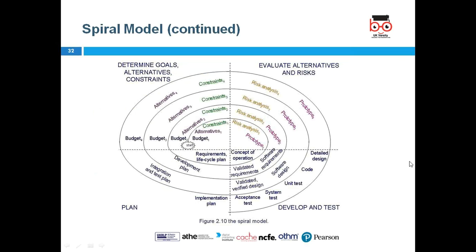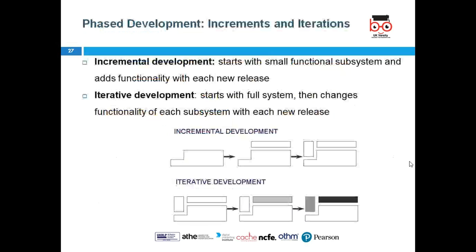In an iteration, for example, you determine the goals and alternatives, then you move on to the next phase, evaluate alternatives and risks, and then develop and test and plan again further. So this model comes under the iterative model.